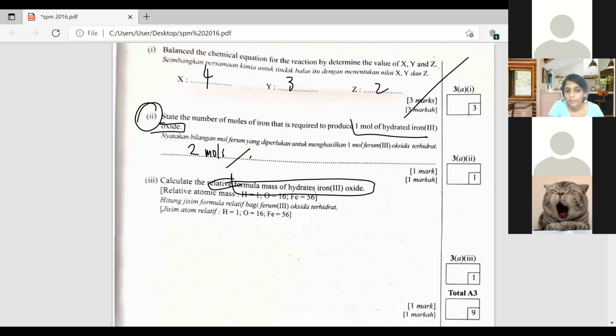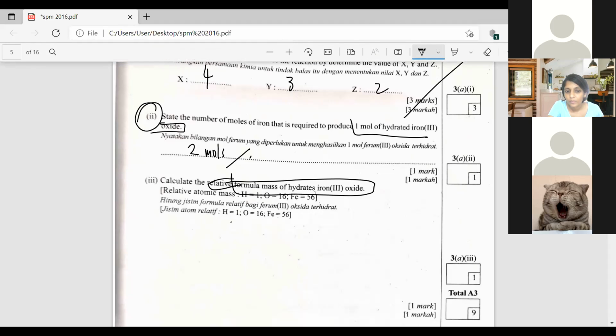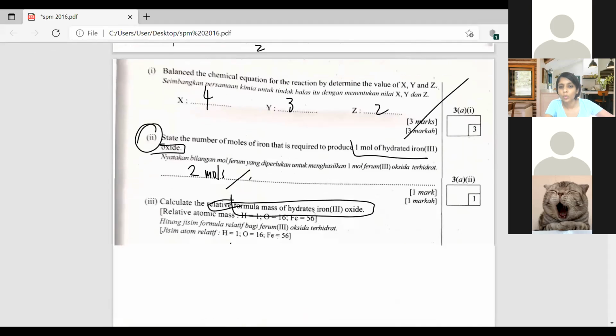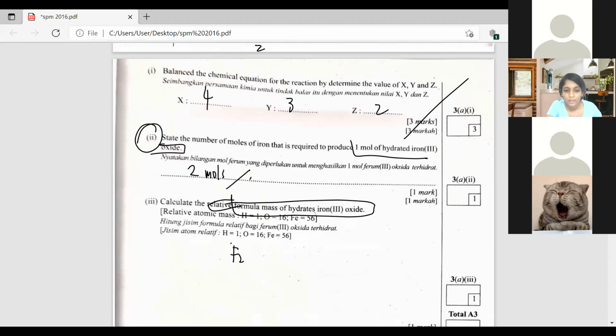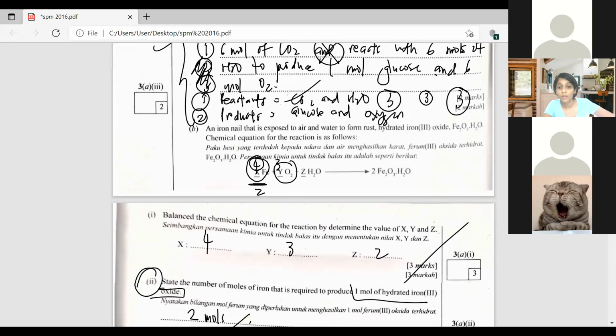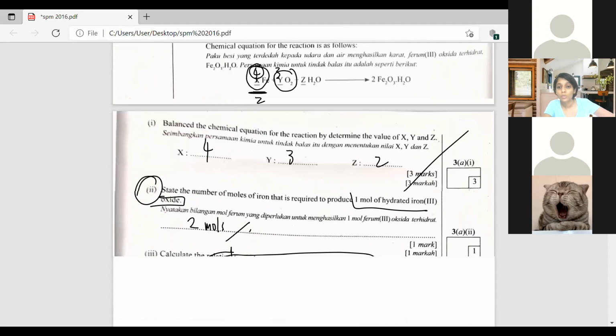So we get 2 moles of Fe. So 56 times 2. So Ivana, you are going to write Fe2O3, right? Yes, sir. Fe2O3 dot H2O. All right, okay.